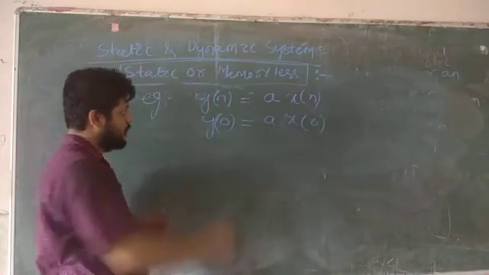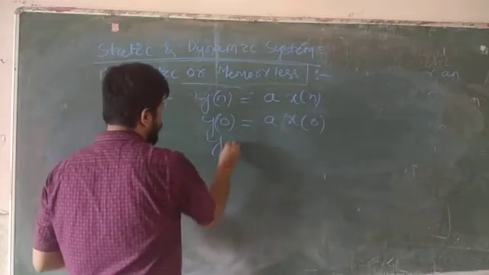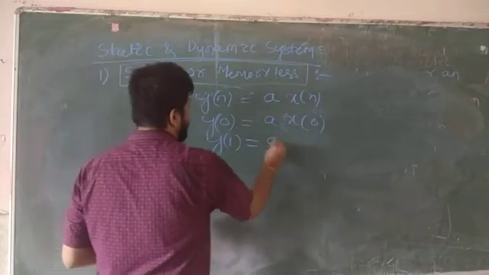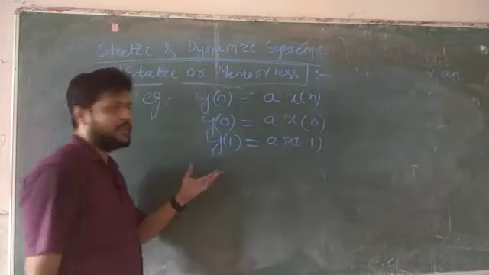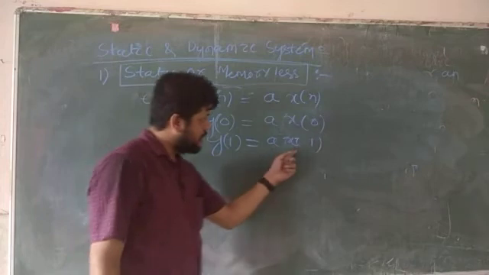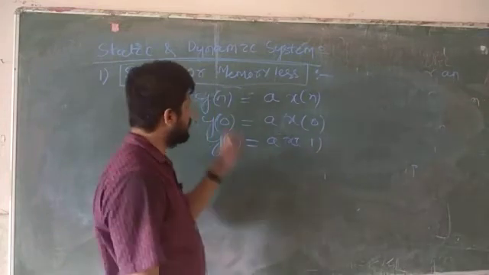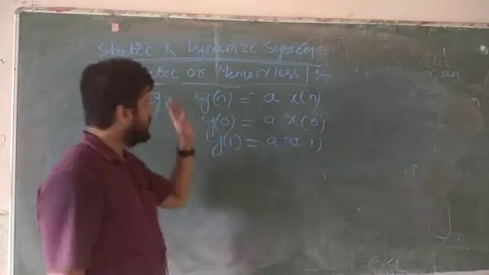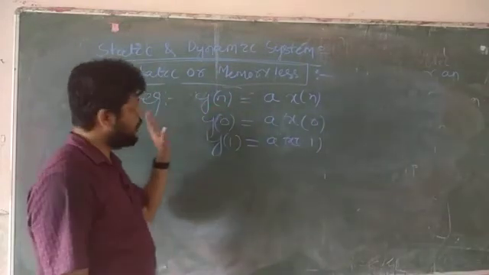Suppose y at time 1 depends on x at time 1. That means the present instant of output depends on the same instant of input. Then only we say that this system is static or memoryless. So this is how we can check.